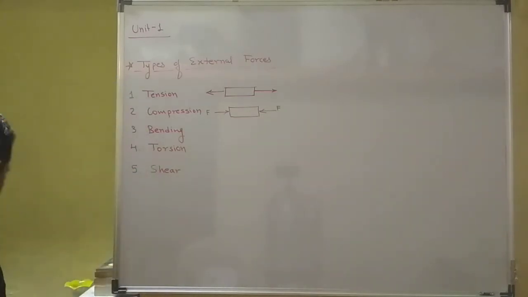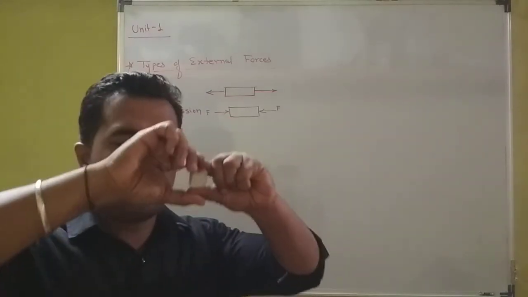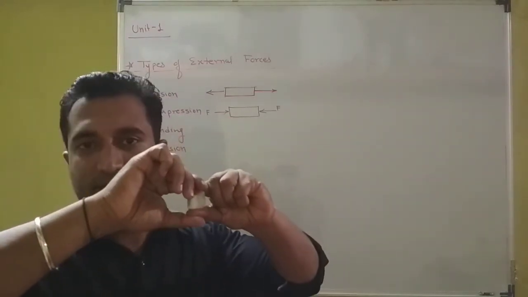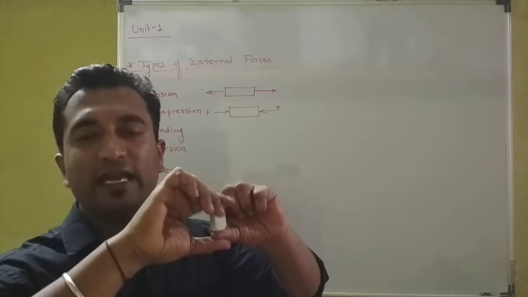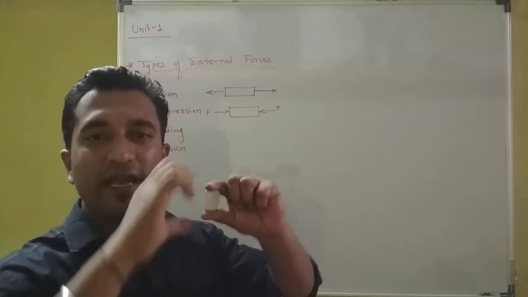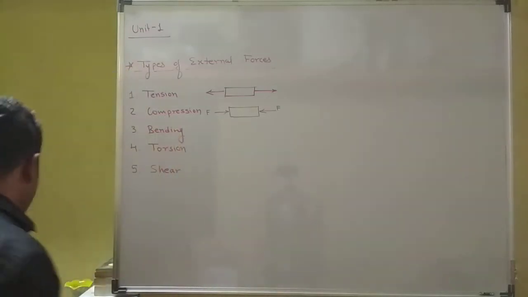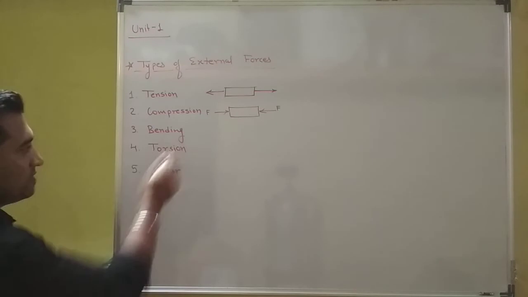Now the best example of this, if you take an eraser and if you are trying to compress that, what will happen? It is getting compressed. Whenever you are pressing that rubber, it will get compressed, and that is called as compression. We'll come to the next, that is bending.